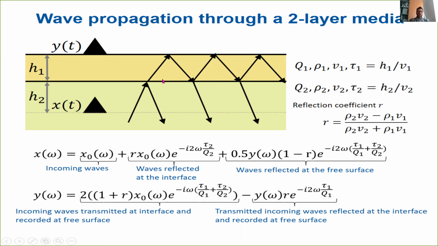Is this all? No, it's not all, because since there is an impedance contrast here, I will also have a wave that I record at 2 times tau1, for the propagation here, that is coming up again at the surface, and it's reflected at this interface here with a reflection coefficient that depends on the impedance contrast.